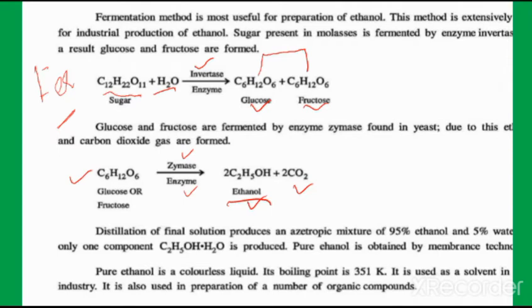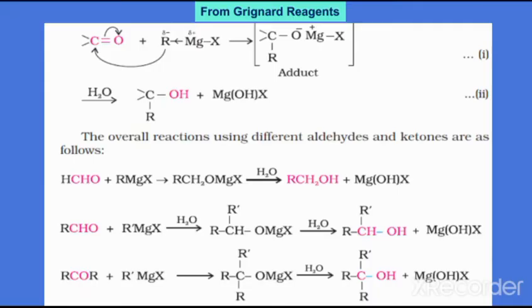By using different kinds of food products, we can easily obtain the alcohol when treated with the enzymes. Initially the sugars react with the invertase enzyme, which gives glucose and fructose. Now the glucose or fructose treated with the zymase enzyme gives ethanol. So this way also we can get the alcohols.